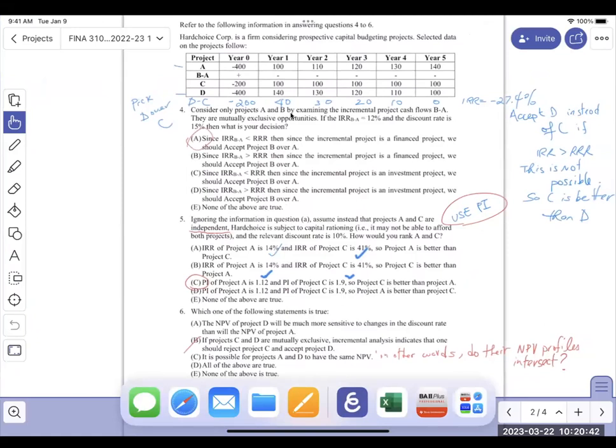Any questions? So yes, that was challenging. Oh, sorry, 1 second. So yes, that was challenging. I agree. It's good practice to be challenged.